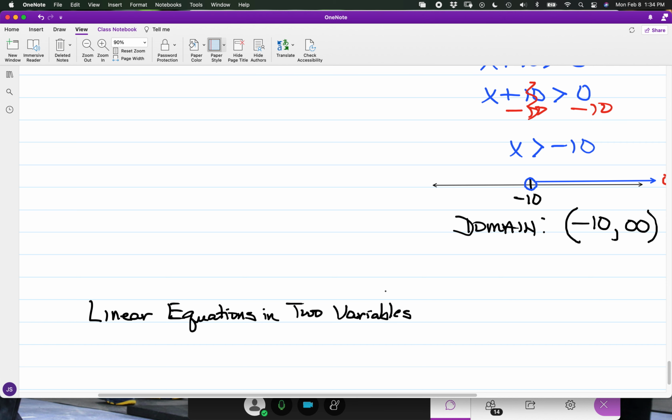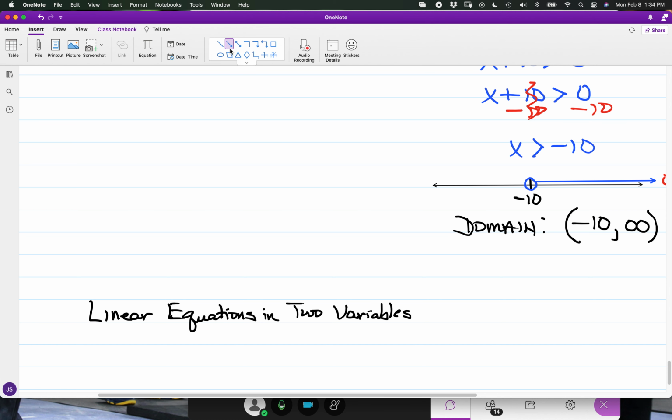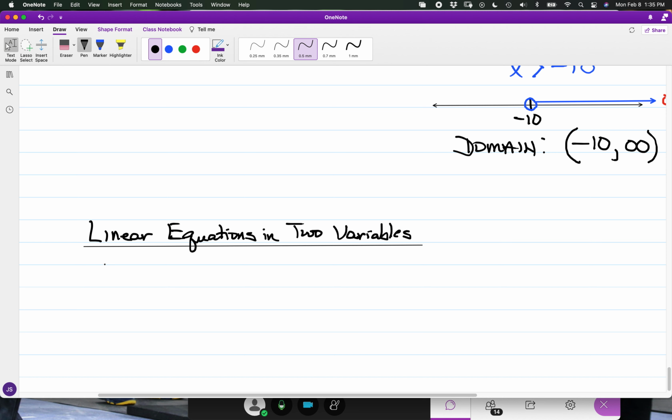First of all, we're going to be looking into slope, like the slope of a line.